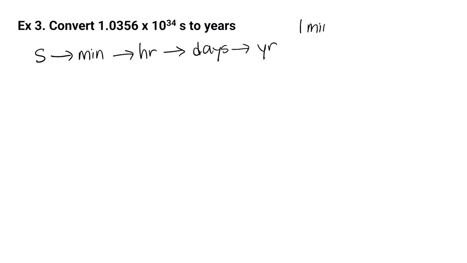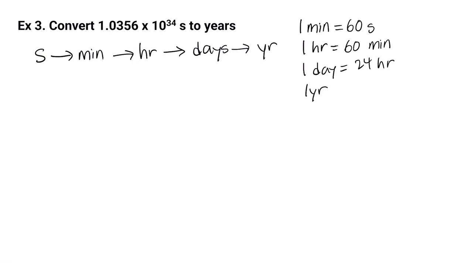1 minute has 60 seconds. 1 hour has 60 minutes. 1 day has 24 hours. 1 year has, this is a rounded value, so 365.25 days.